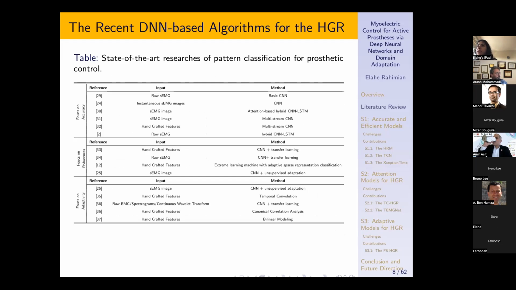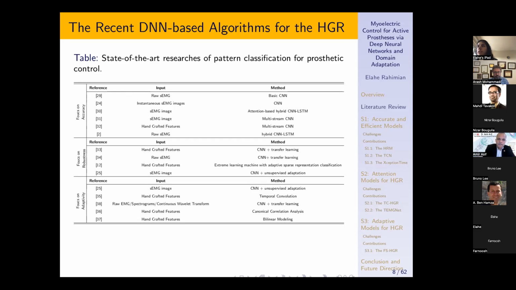Finally, I will complete this section by presenting this table, which shows the state-of-the-art research in pattern classification. Different inputs are used in the literature. They can use raw SEMG, or convert SEMG to images, or use handcrafted features.